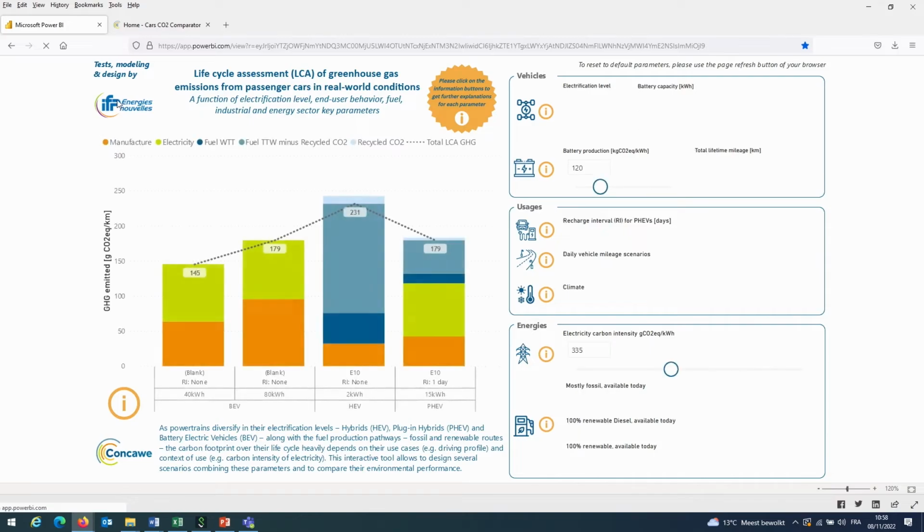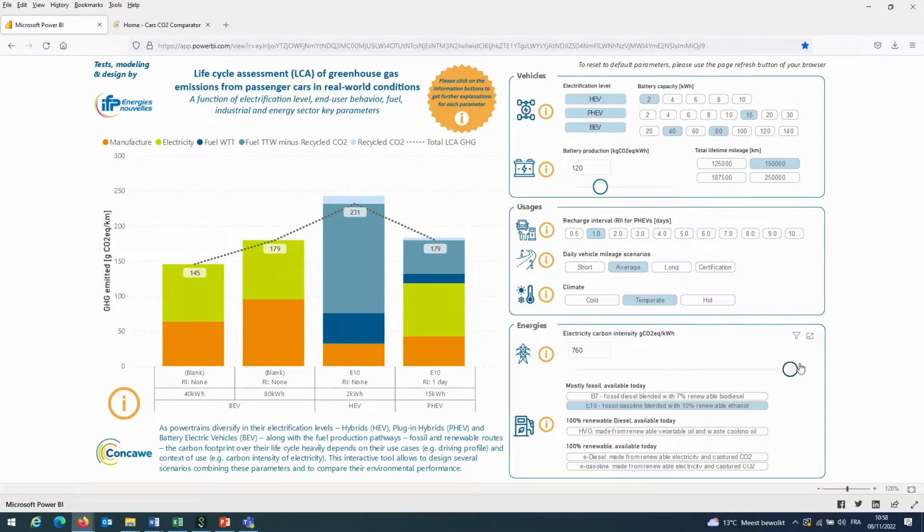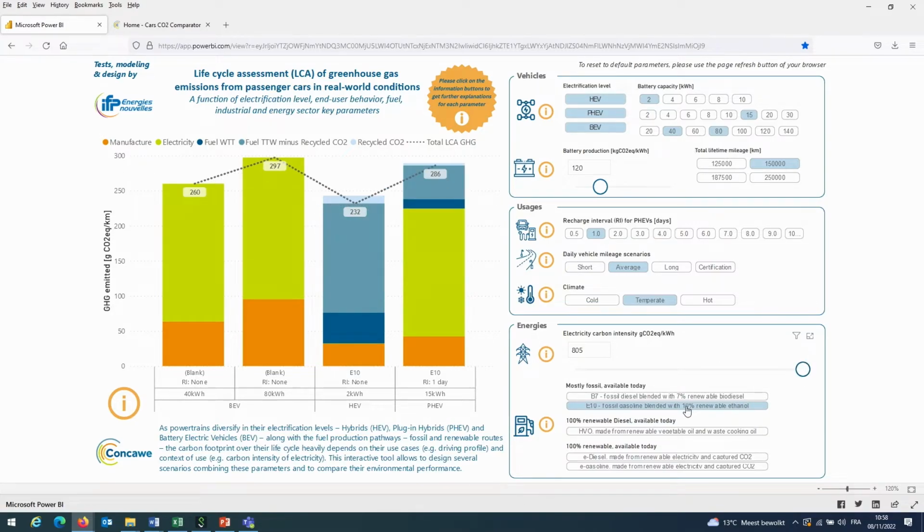So let's look at what happens when you change the carbon intensity of electricity. So let's move to Poland, which is the worst case. So in this case, it's quite obvious to see that the electric vehicles don't bring any benefits. And here, in fact, the hybrid electric vehicle is the best in class, and even the plug-in hybrid is not interesting in this case.